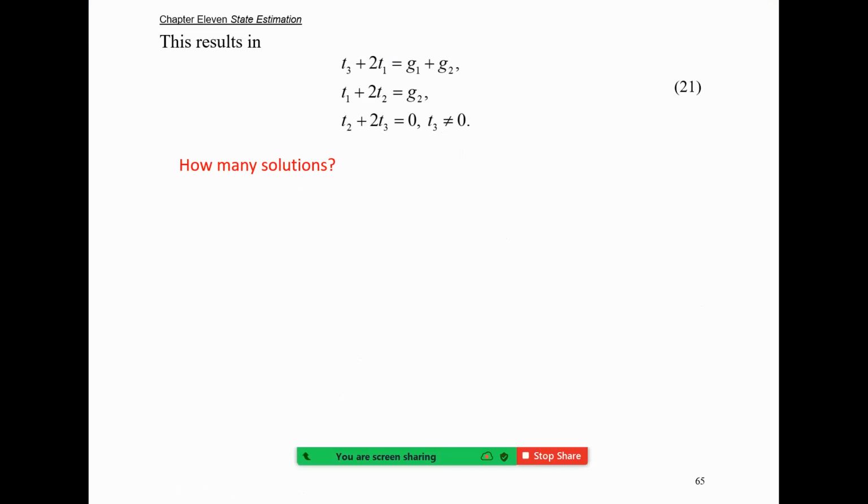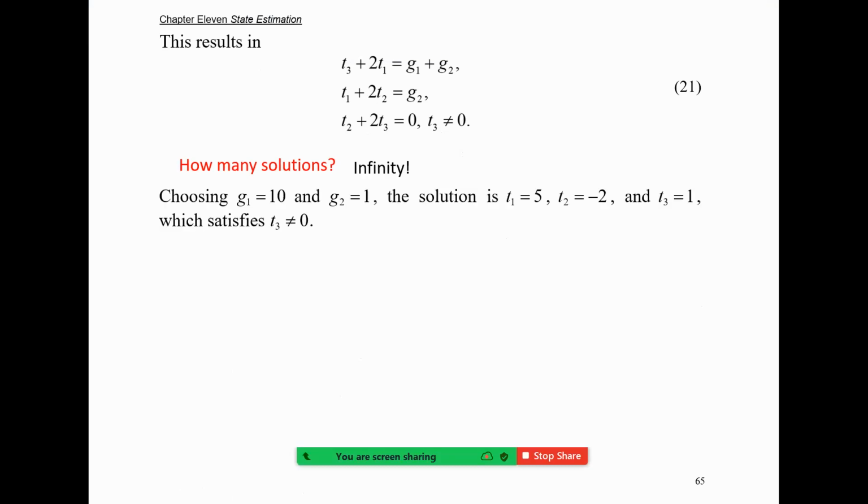You just pick any simple numbers you like, right? You fix 2 of them. Okay, for simplicity, I just fix G1 and G2 because remember G1 and G2 are the gains in the observer. I'll fix some integers.